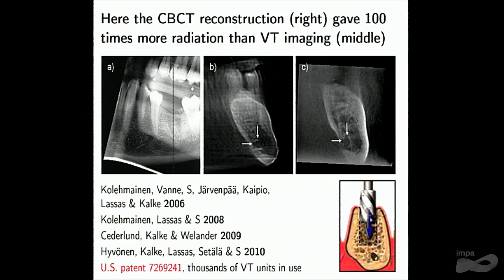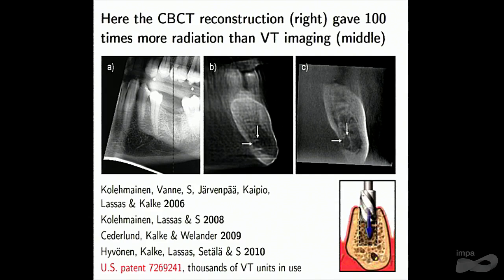Here is another reconstruction from the same target done with a cone beam CT, going all the way around, collecting a lot of data, making quite a perfect reconstruction. Also delivering 100 times more radiation to the patient.